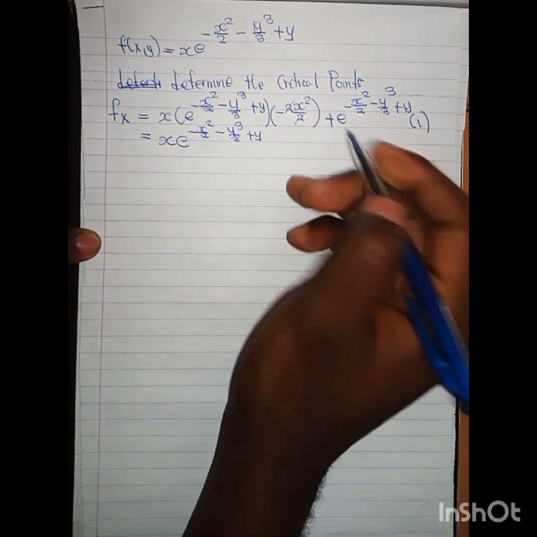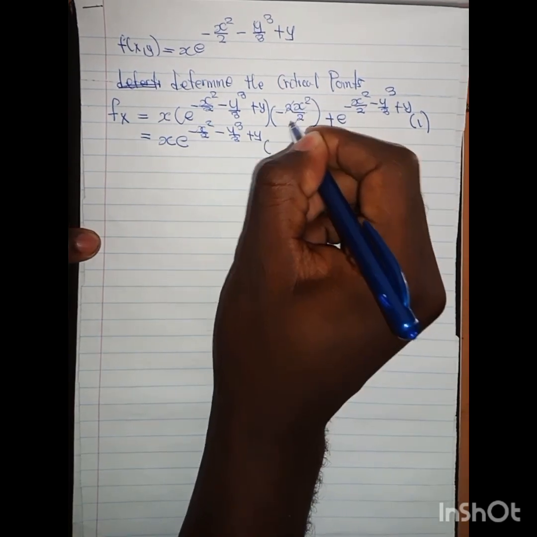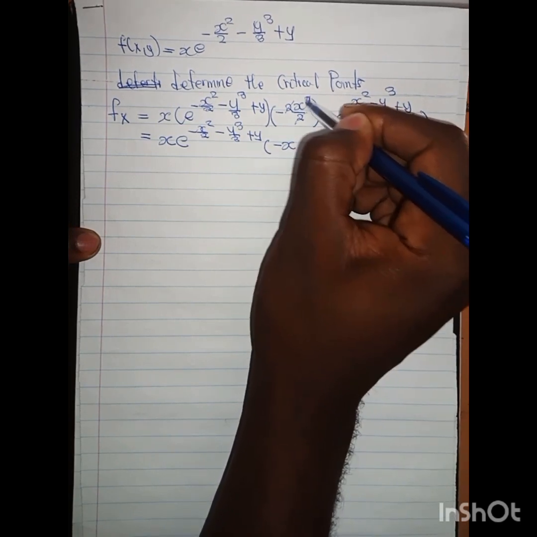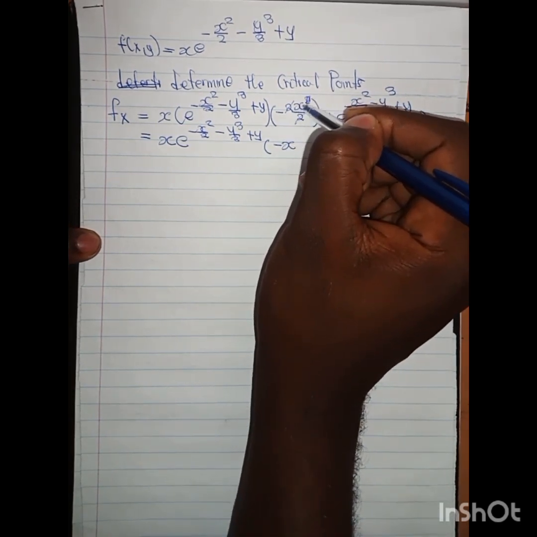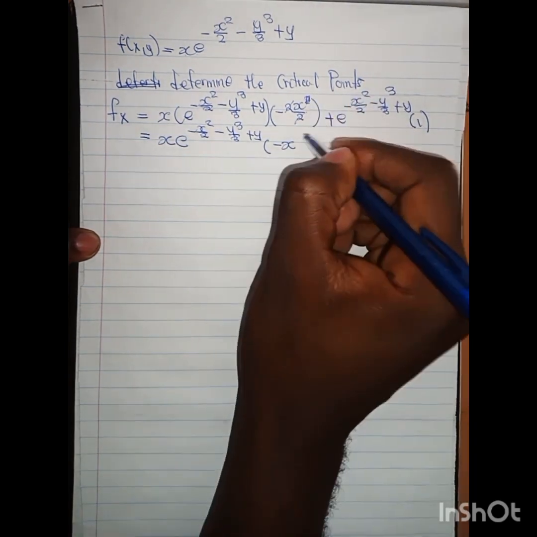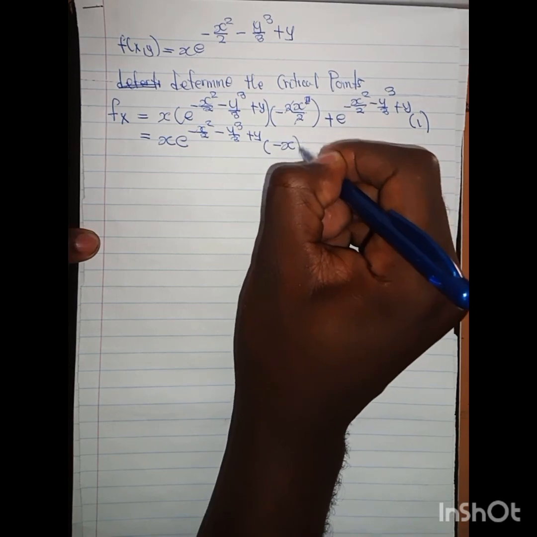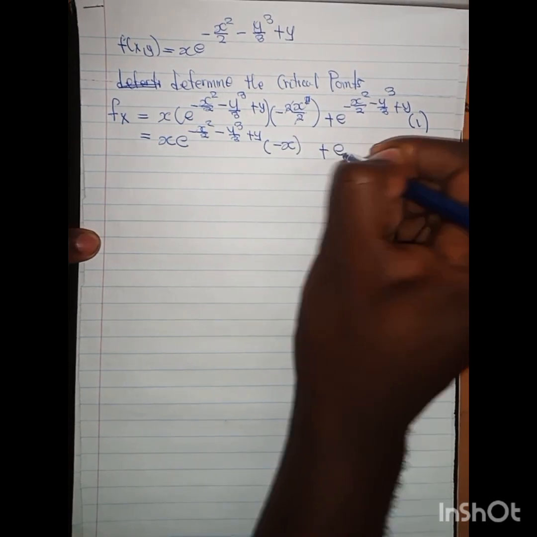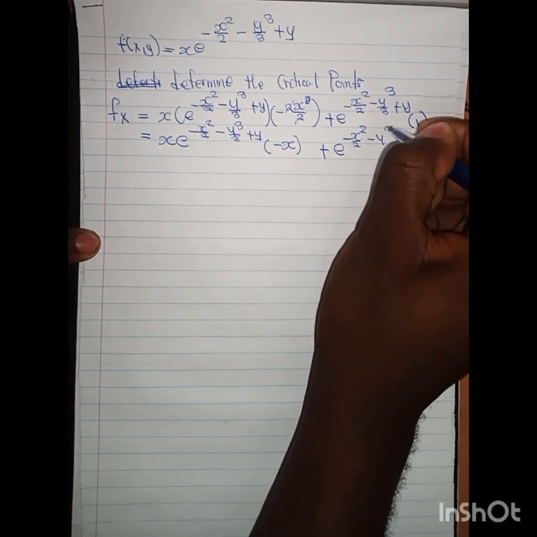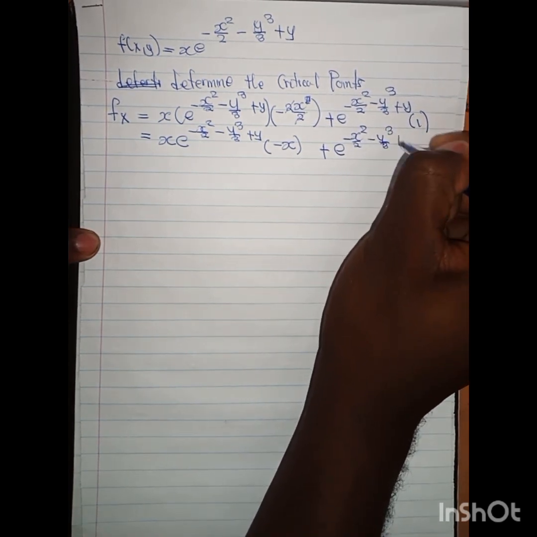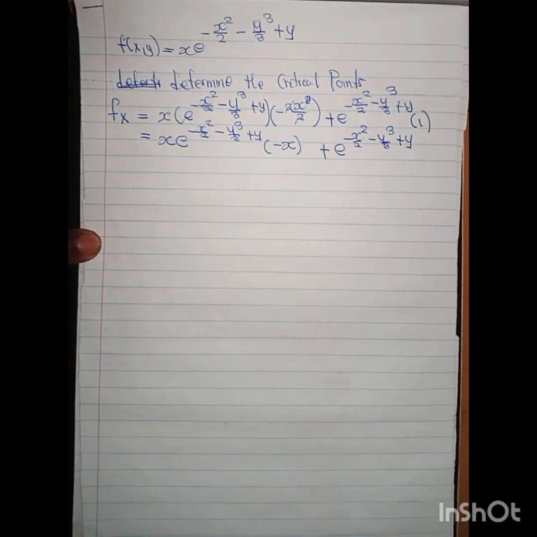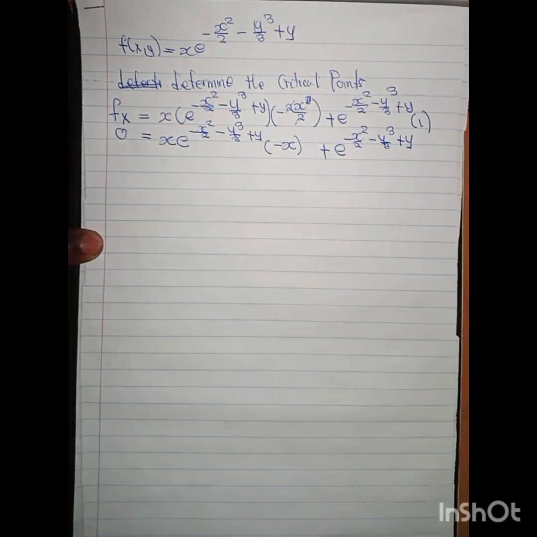Then 2 will cancel 2, and then what will remain is negative x. There's no squared here because when we multiply the coefficient of x, then we subtract 1 from 2, 1 will remain. Then we'll just have a negative x like this plus e to the negative x squared over 2 minus y to the third over 3 plus 1. We have said that the derivative of this function must be a 0.